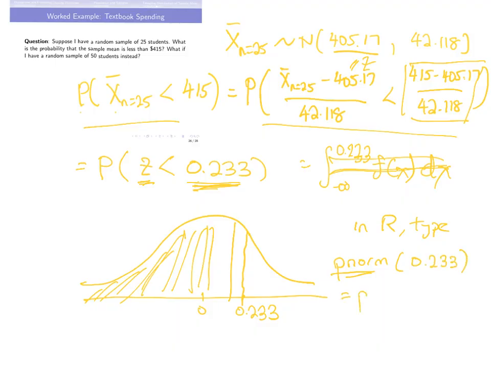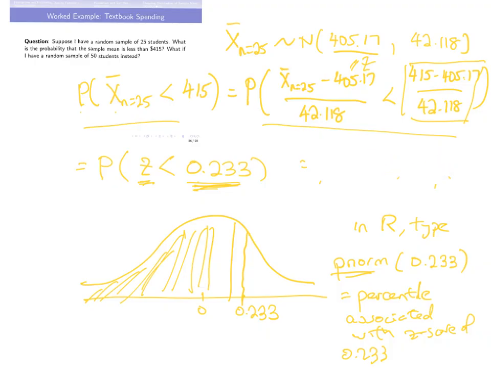And this will give you the percentile associated with the z-score of 0.233. If you actually type this out, let me just erase this over here.